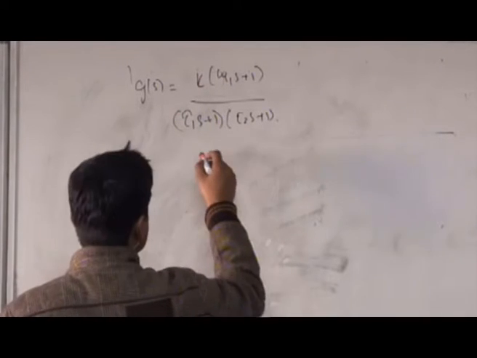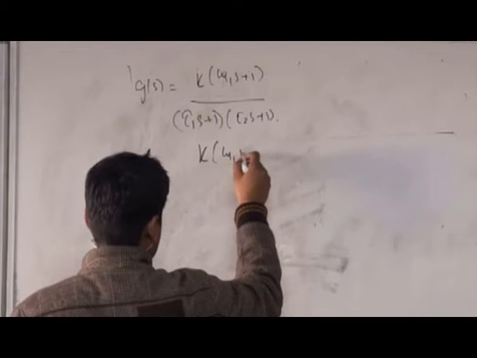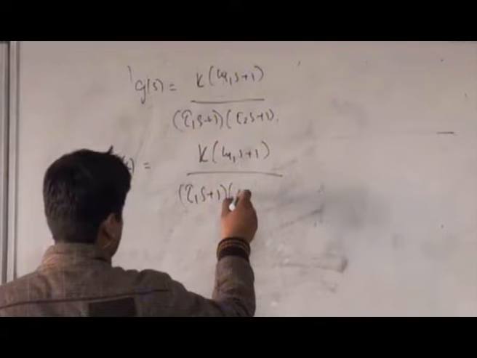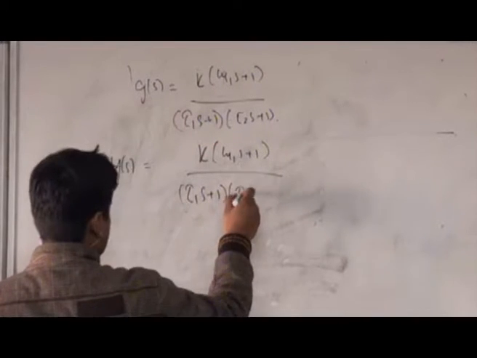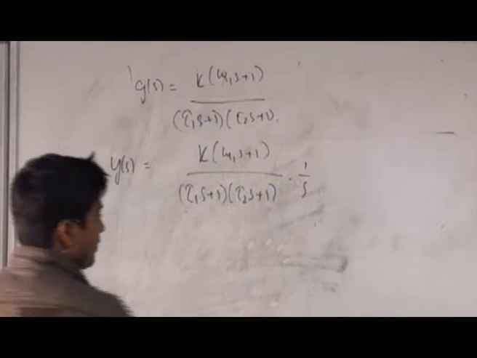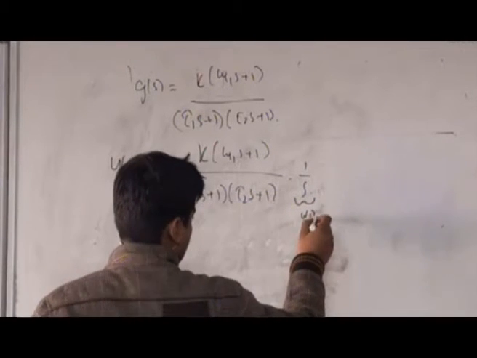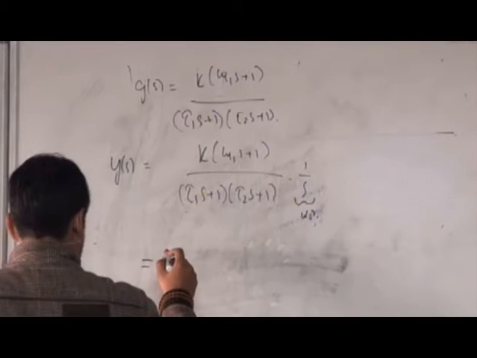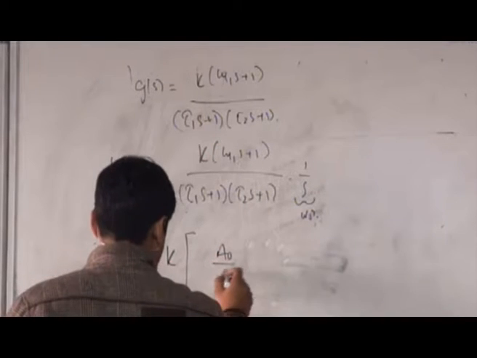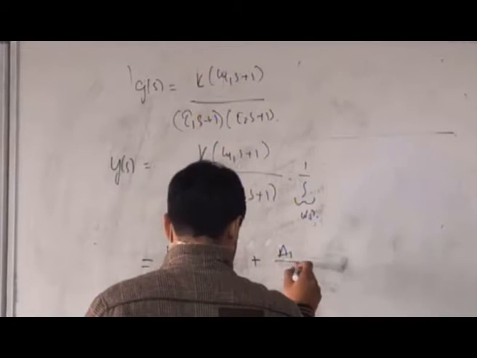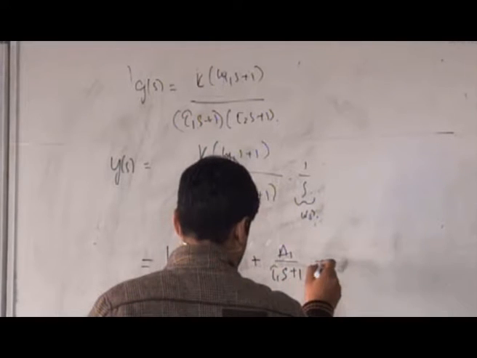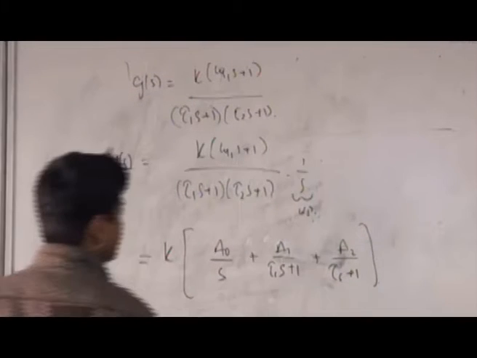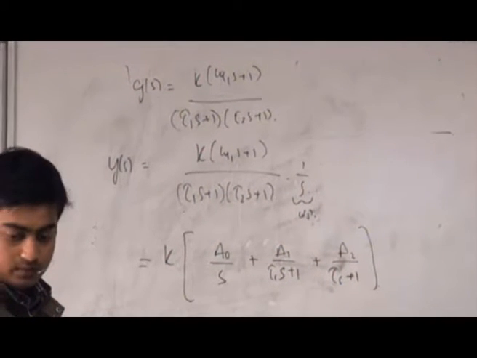This would become... and U(s) is 1 by s. So if I do the partial fraction of the above equation, I will have... Okay.